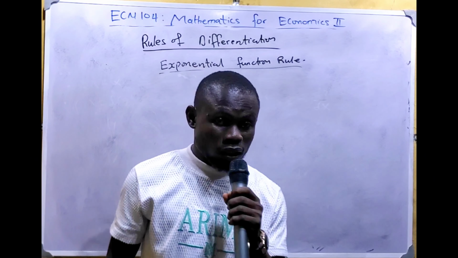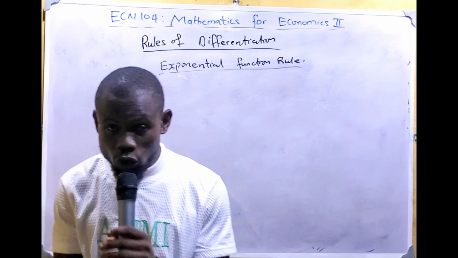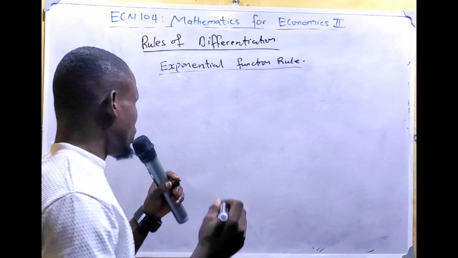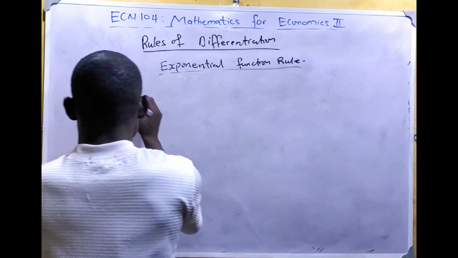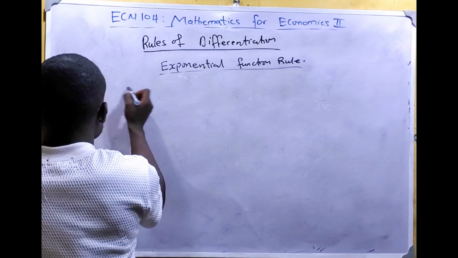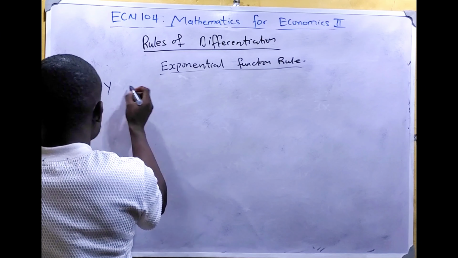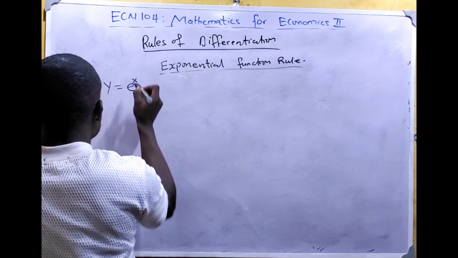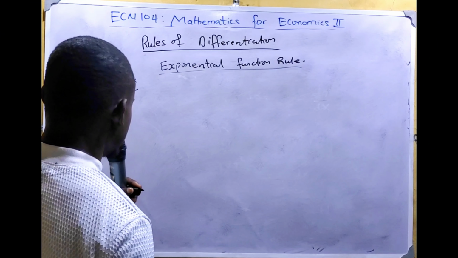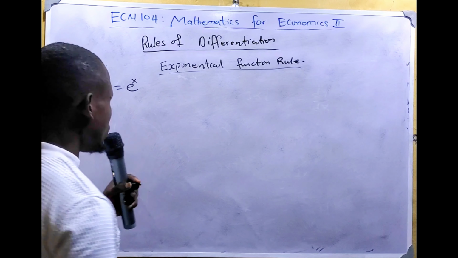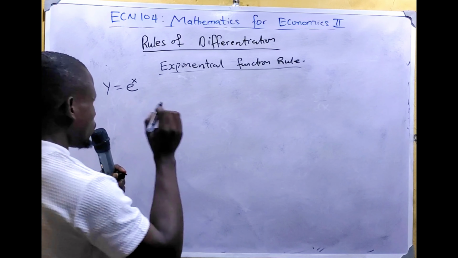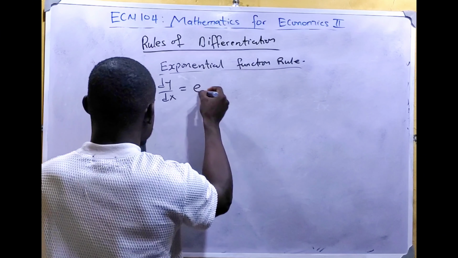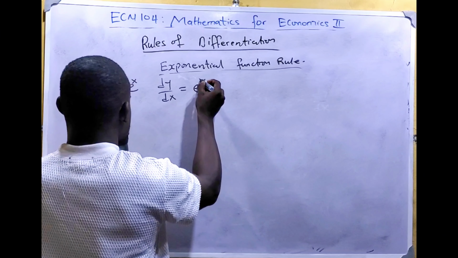Now, the exponential function rule is also very simple. When talking about the exponential function rule, what we are firstly considering is the derivative of the function y equals e raised power x. This is what we are looking for here. By the exponential function rule, dy dx equals e raised power x.